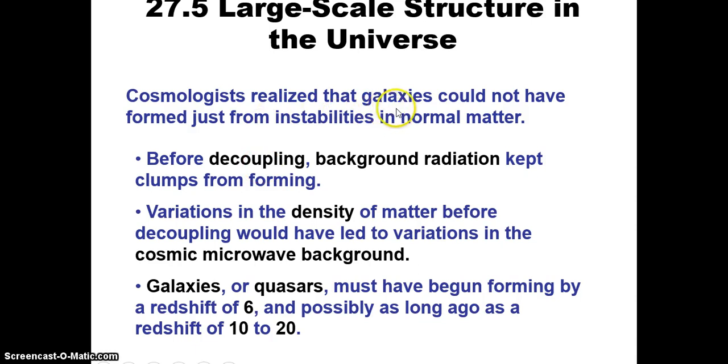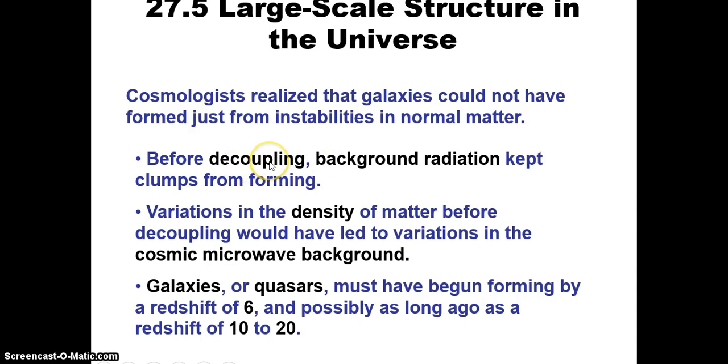How do you get stars forming? You need some kind of tiny differences in the background radiation, or at least we expected to see these tiny differences.